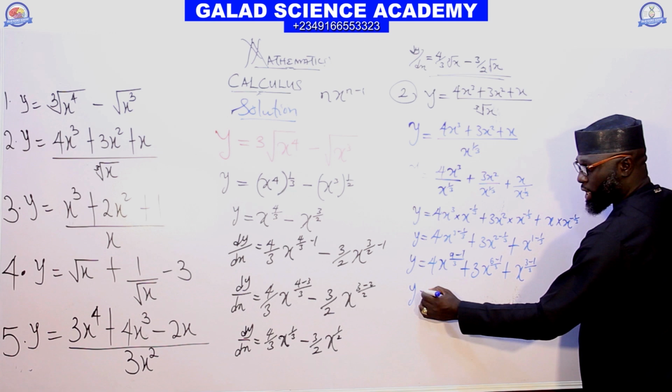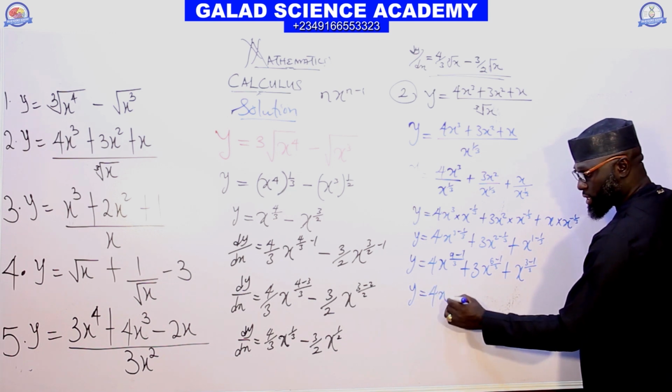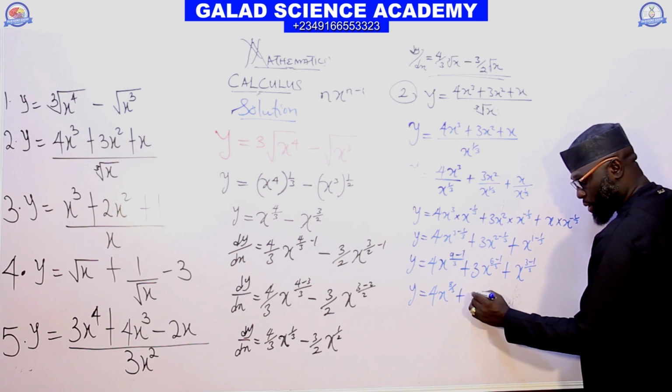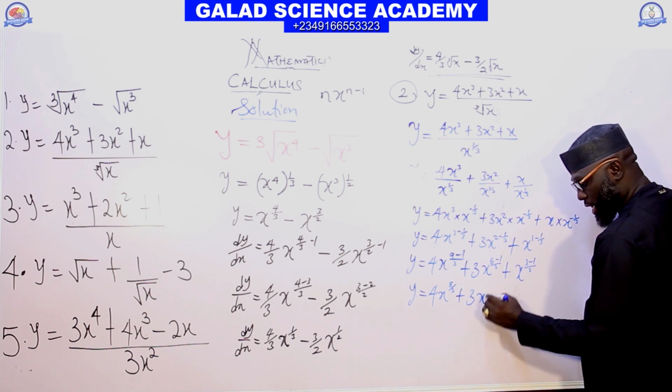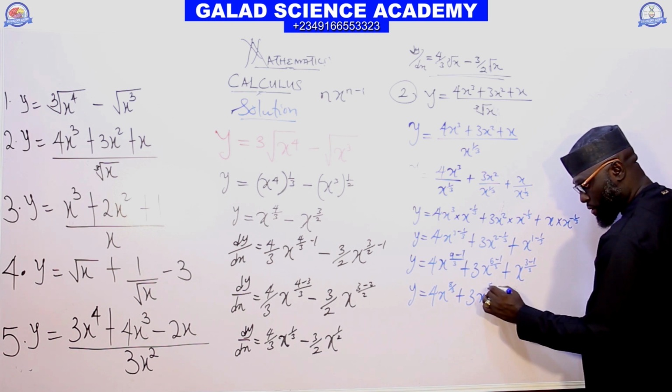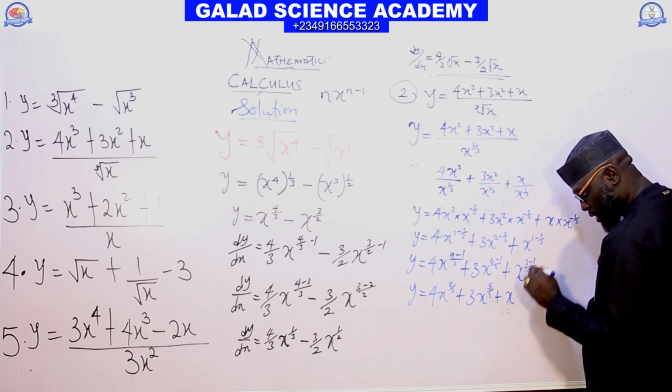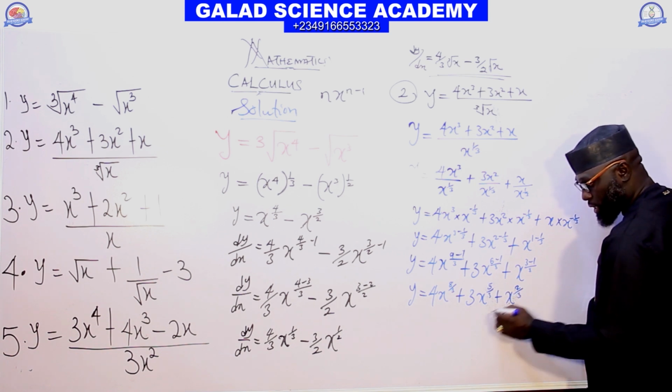So y should be 4x to the 8 over 3, plus 3x to the 5 over 3, plus x to the 2 over 3.